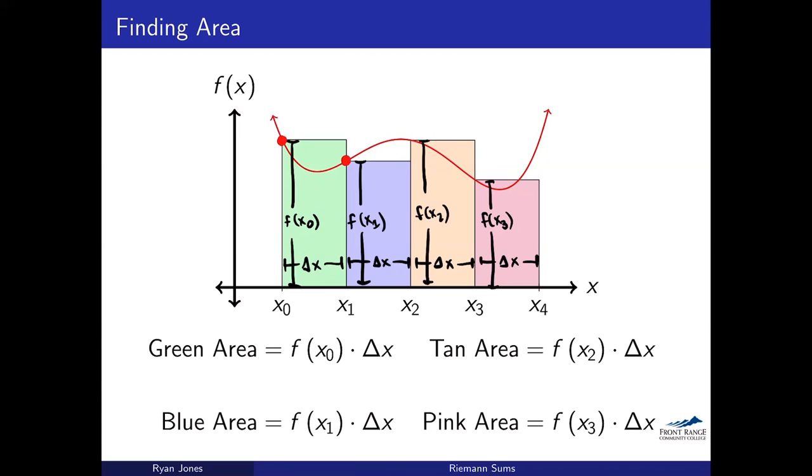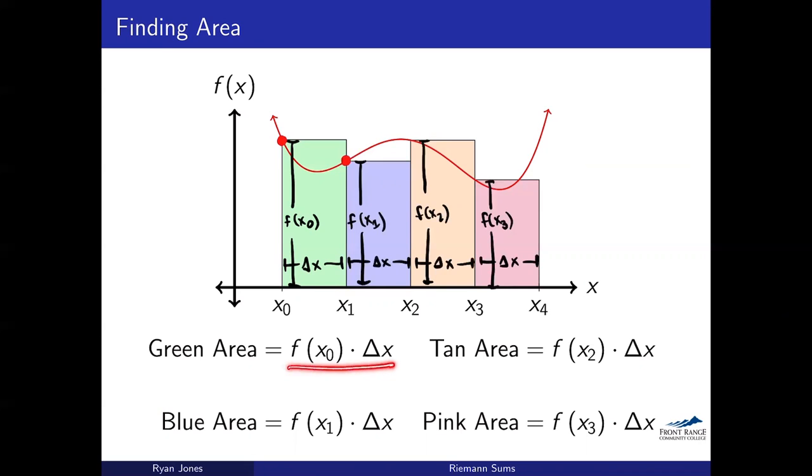We just take the f values and multiply them by the delta x values, width times height, and that gives us the area for each of those. So if that's the area for each of them, then all we have to do is add those together, and that gives me the total area.